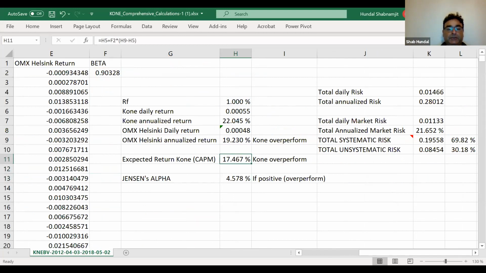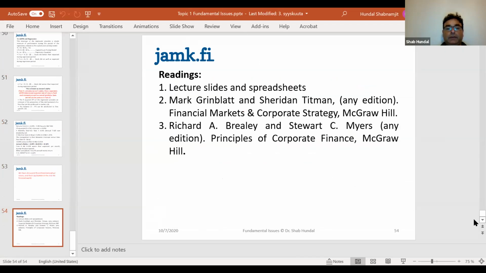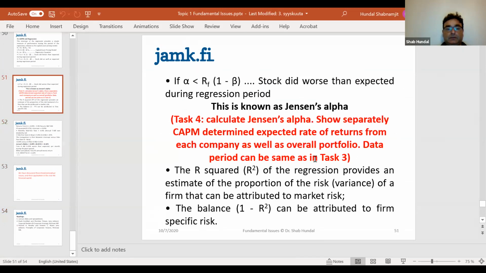If you look at your tasks, you will see that your task 4 is based on this. Calculate Jensen's Alpha. You have your companies already from tasks 2 and 3, and you have your portfolio.